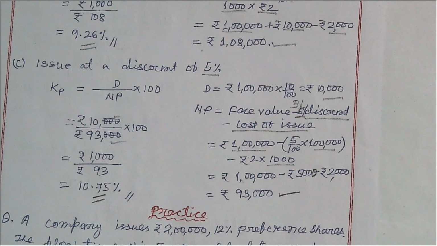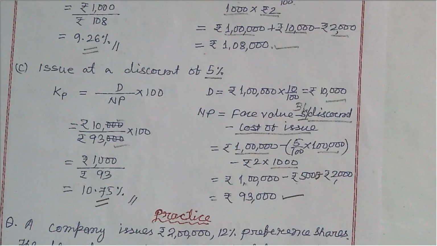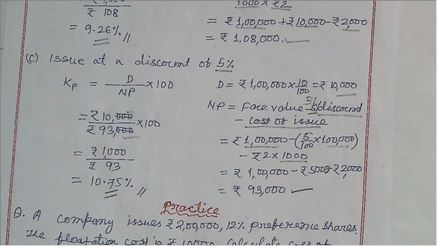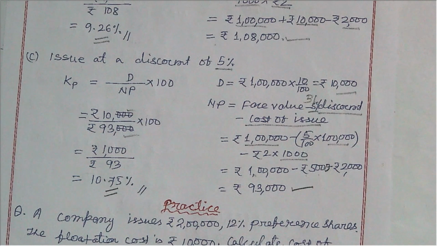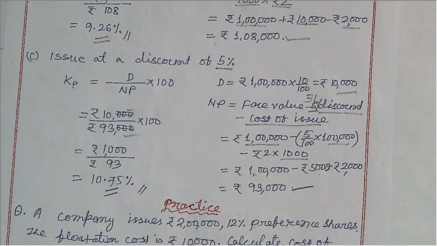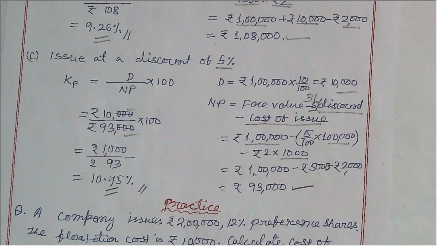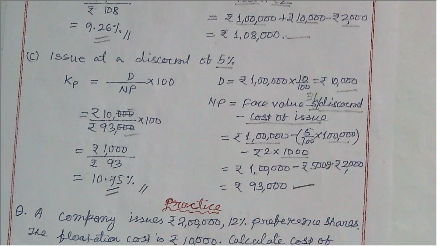Okay, so we calculated this when the preference share is perpetual, and if it is issued at par, at a discount, or at a premium. Similarly, if debentures are issued at a premium, at par, and at a discount and are perpetual, then you have to calculate in the same manner.